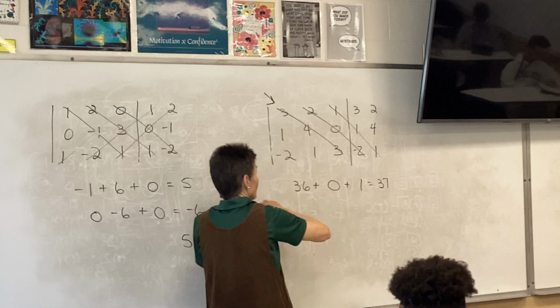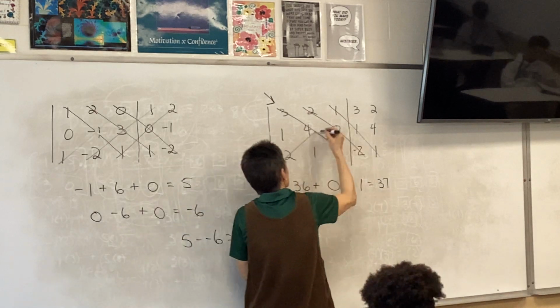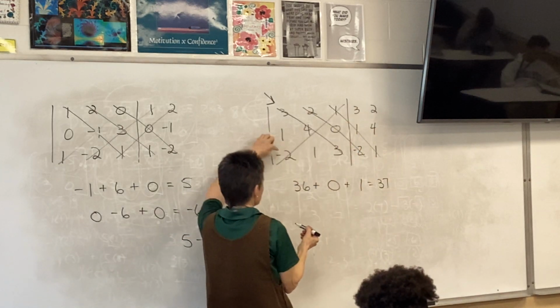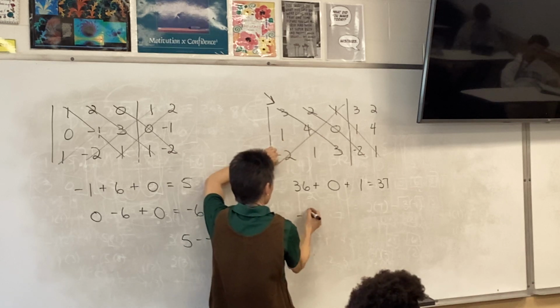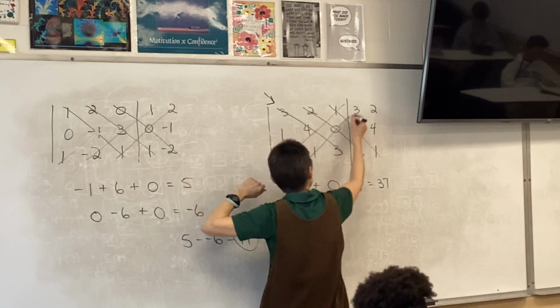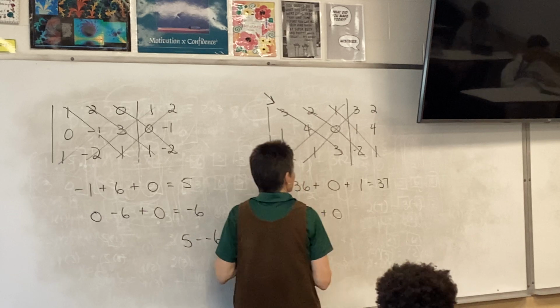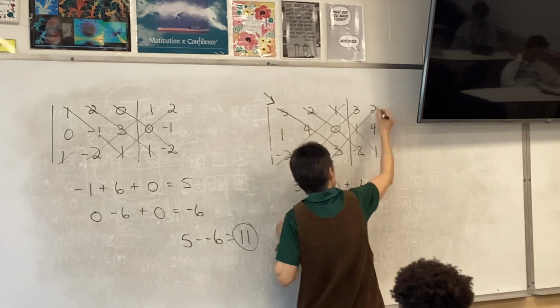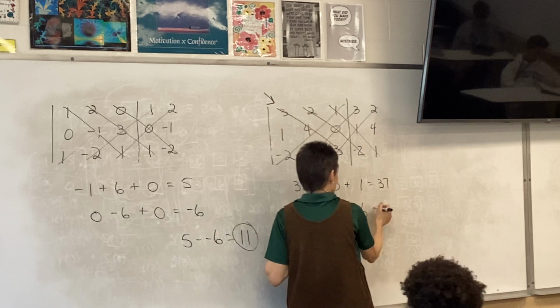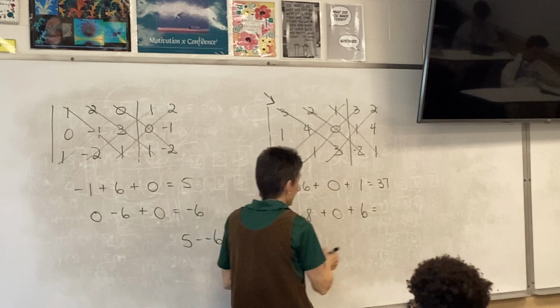Other direction, here we go. That multiplication is -8. This one is 0, and this one is 6. Total them up, and that's -2.